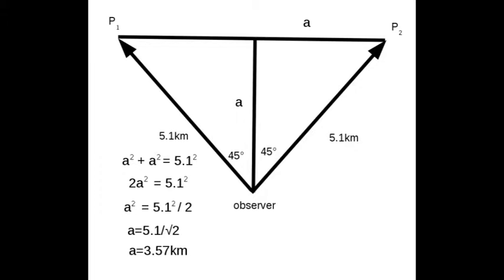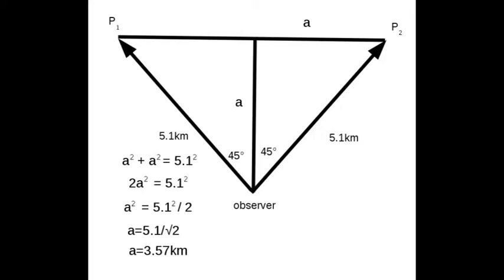So that triangle that's in there, we know we've got a right angle at its apex, so there's actually two isosceles triangles there, with 45 degree angles in them, and the base is 5.1 kilometers, so we can figure out the unknown distance there, A, from Pythagoras' theorem, and it is 3.57 kilometers.